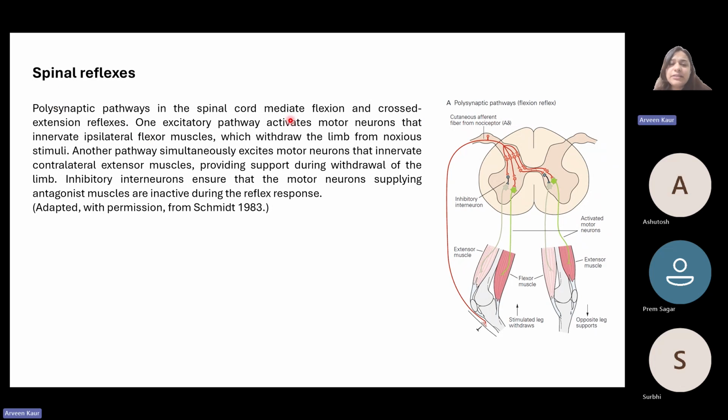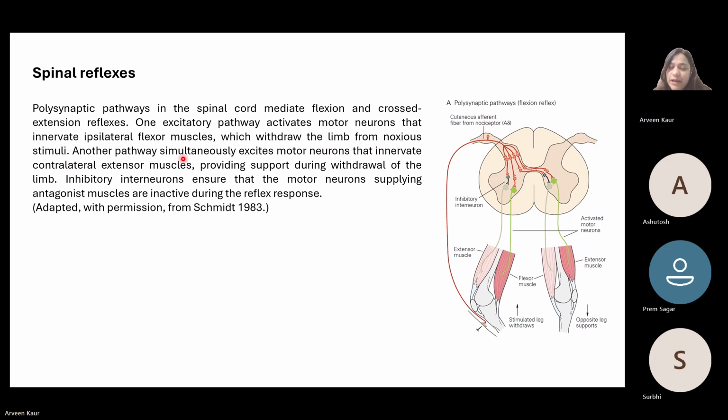So polysynaptic pathways in spinal cord mediate flexion and cross extension reflexes. One excitatory pathway activates the motor neurons that innervate the ipsilateral flexor muscle over here, which withdraw the limb from the noxious stimuli.